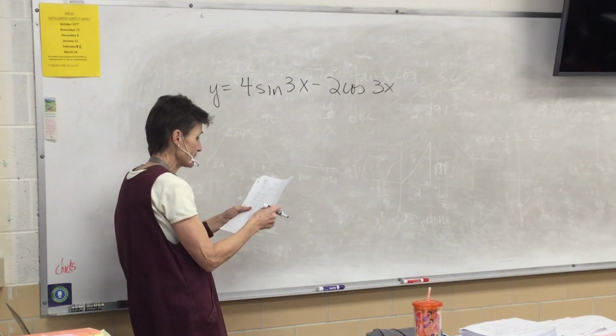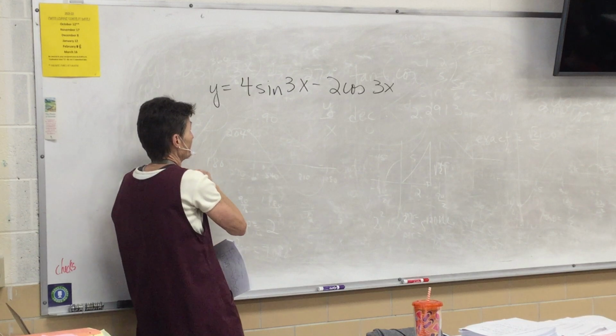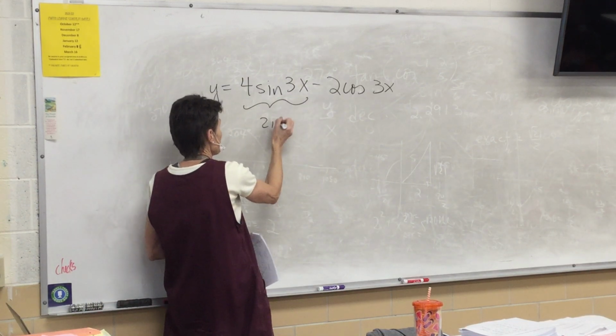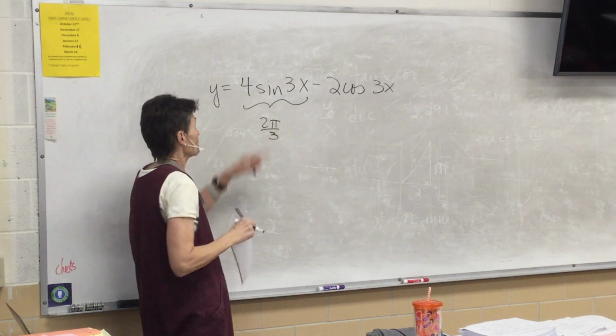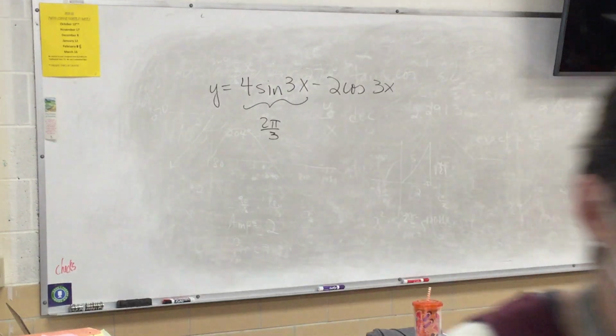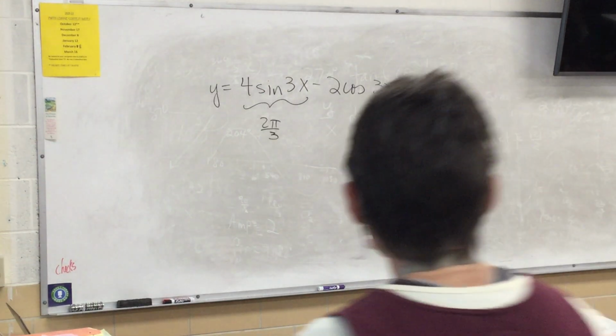The question is, what's the period of this thing, and is it sinusoidal? Well, the period of this part of the function is 2 pi divided by 3. 2 pi because it's a sine, and divided by a 3 because that's the number that's in there.